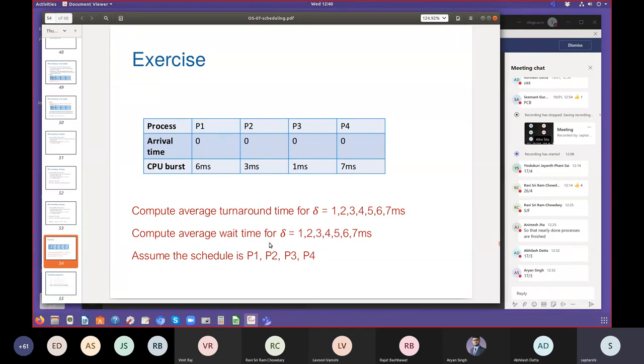Then you will see the difference and understand the problem in having delta very small versus delta very large. Usually something in between is chosen. Too small a delta is bad because of too many context switches, and too large a delta is bad because things become similar to FCFS. So do this exercise later to get a feel of how the delta value matters.